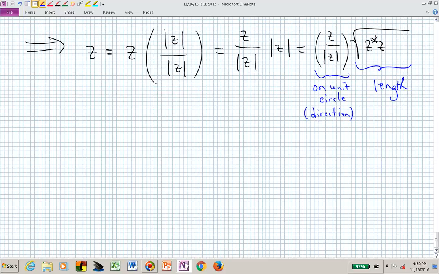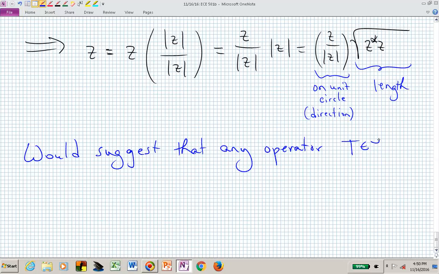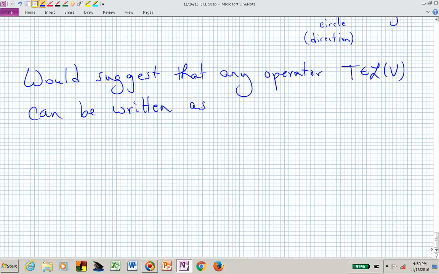Or this expression now, which we were just playing with a complex number, this would suggest that any operator T on an inner product space V can be written as the following.